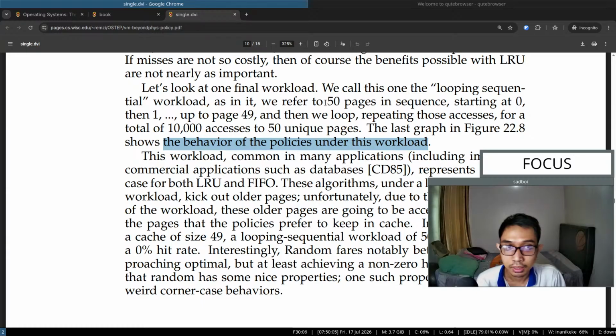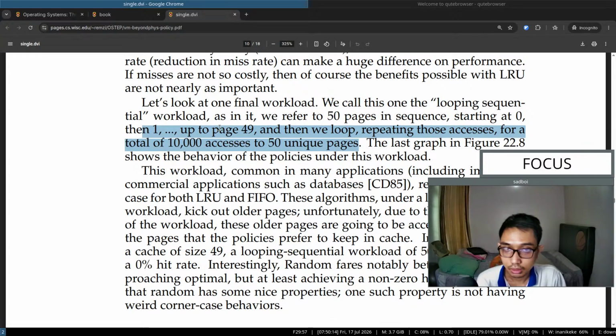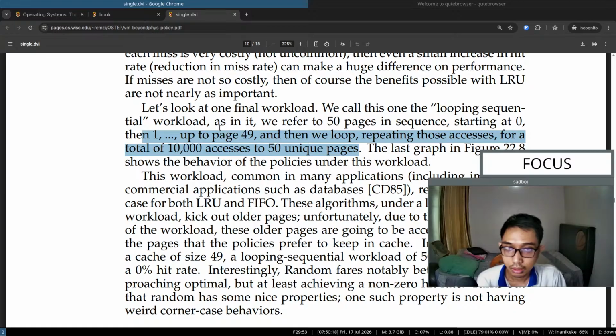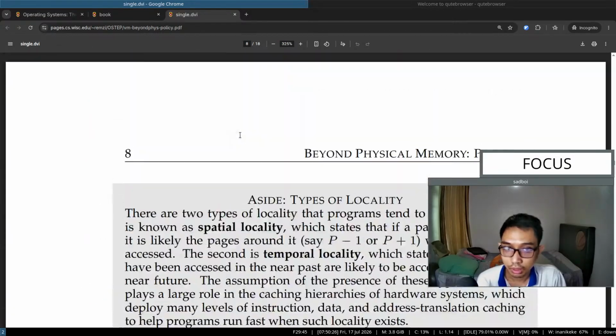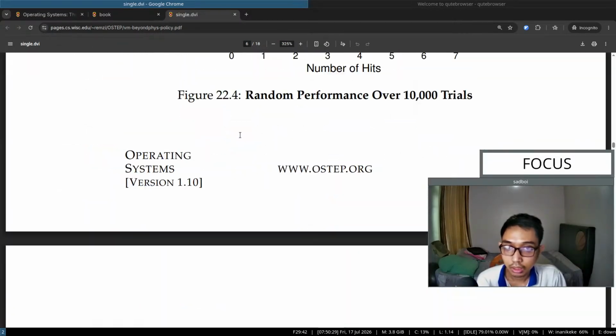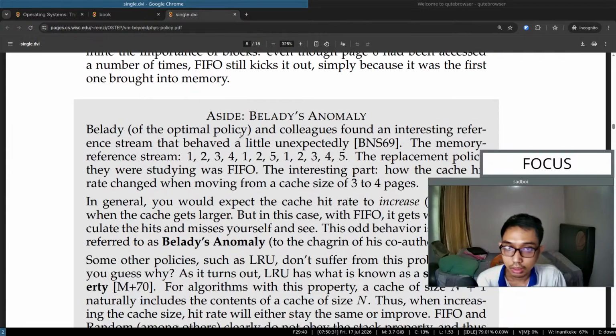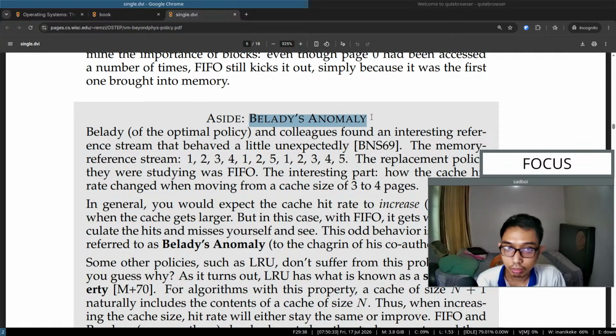Yeah, there's no information about the cache size. I mean, I guess the performance can be different depending on the cache size. I mean, in the previous session we took a look at Belady's anomaly here.